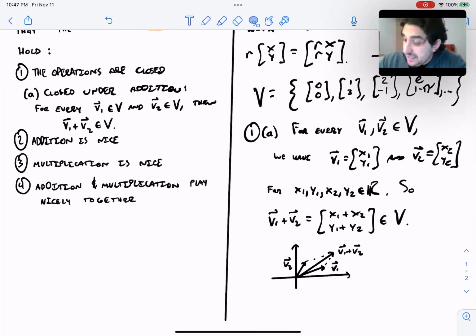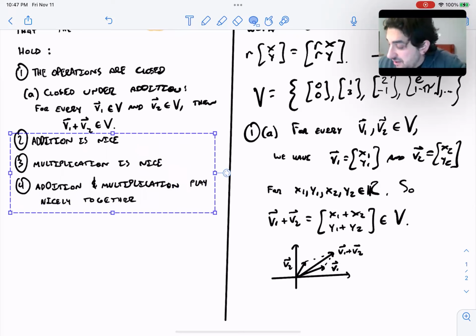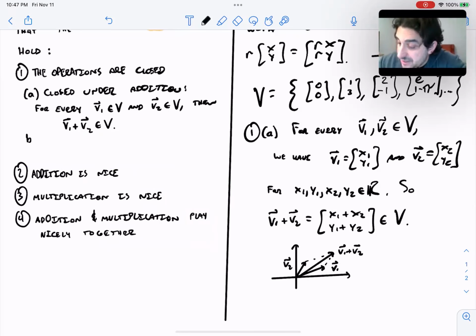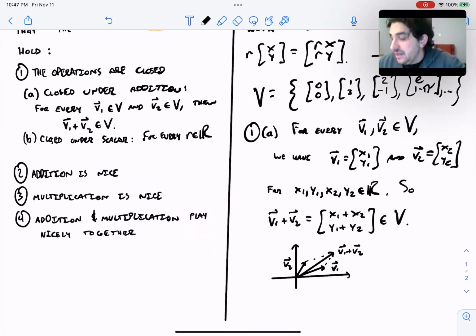Now, the second property here is to be closed under the other operation, scalar multiplication. What does that mean? It means that for every real number r, and again, you can do this over the complex numbers or over finite fields, but for a first pass at linear algebra, typically you just work with the real numbers, or at least mostly with the real numbers.